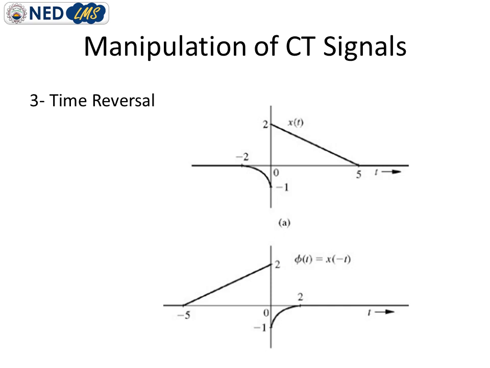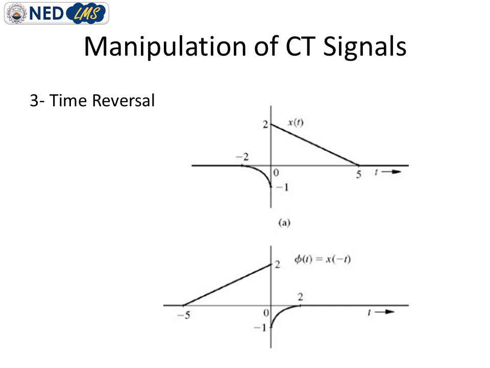You may also observe that whatever happens in the first plot at some time instant t is also going to happen at the time instant minus t in the second plot. So we can say that the second plot, which is phi of t, is equal to x of minus t.